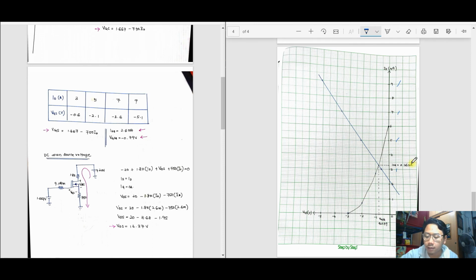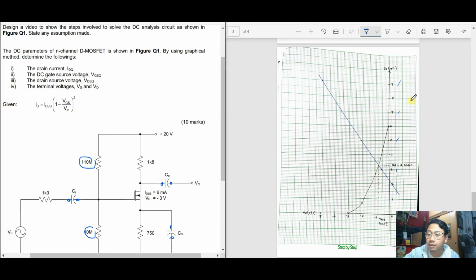So the values of IDQ and VGSQ are not the same for everyone. They depend on the graph, on how the student connects all the plotted points. So until this step, we have already done question number 1 and question number 2, which is to find IDQ and also VGSQ.